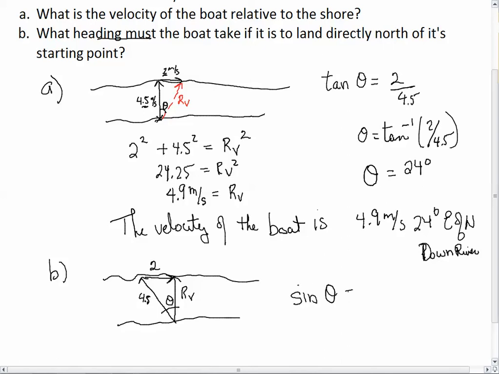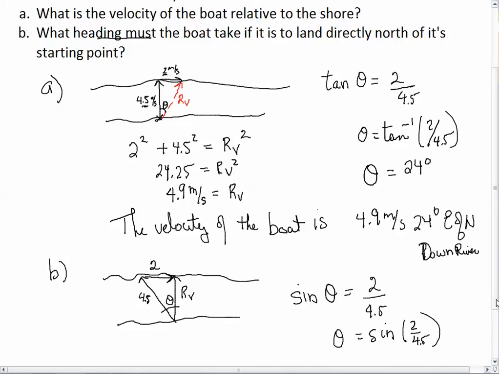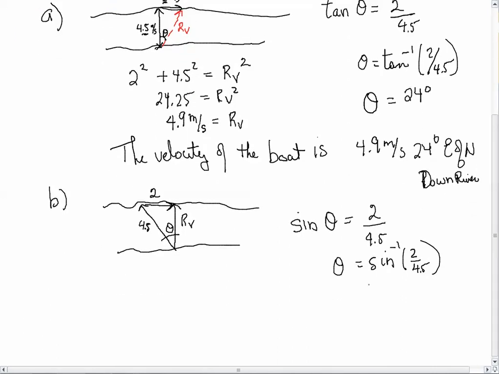The sine of theta is equal to 2 divided by 4.5, and theta will be the inverse sine of 2 divided by 4.5. This gives us the angle of 26 degrees. And here we would be going west of north, or 26 degrees up river.